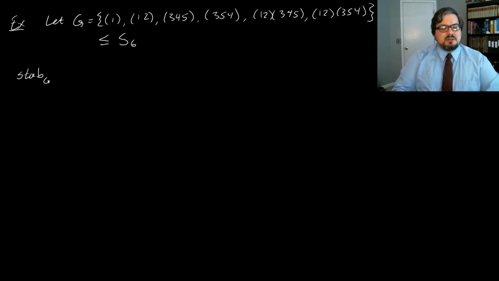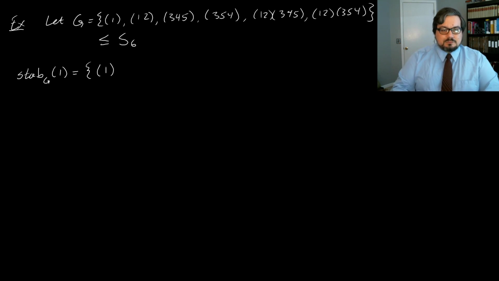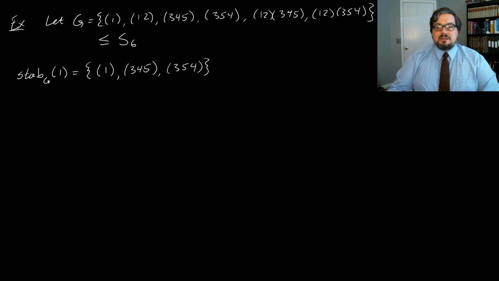So the stabilizer under G of 1 is going to be the set of all elements in G that don't move the element 1, that don't send the element 1 anywhere. Well, the identity permutation never sends anything anywhere. And so in particular, the identity permutation will be in the stabilizer of everything all the time. The transposition (1 2) sends 1 to 2, and so it does not belong to the stabilizer. The cycle (3 4 5) doesn't send 1 anywhere, so it's in the stabilizer. (3 5 4) doesn't send 1 anywhere, so it's in the stabilizer, and all of the other permutations in G send 1 somewhere.